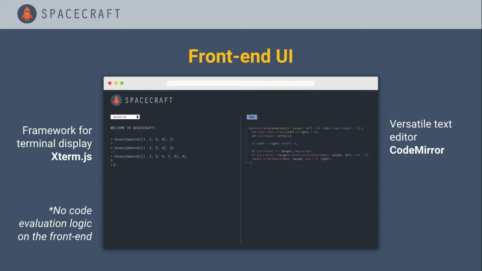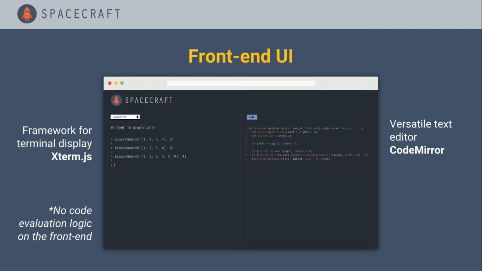On the right-hand side, we have a text editor, for which we use CodeMirror because it supports syntax highlighting, line numbers, and all those very nice features. Now, as you notice, we don't have any code evaluation logic on the front end. It's just pure UI.